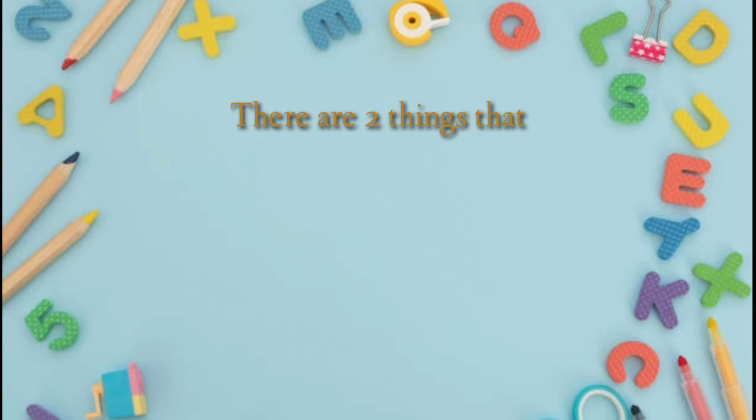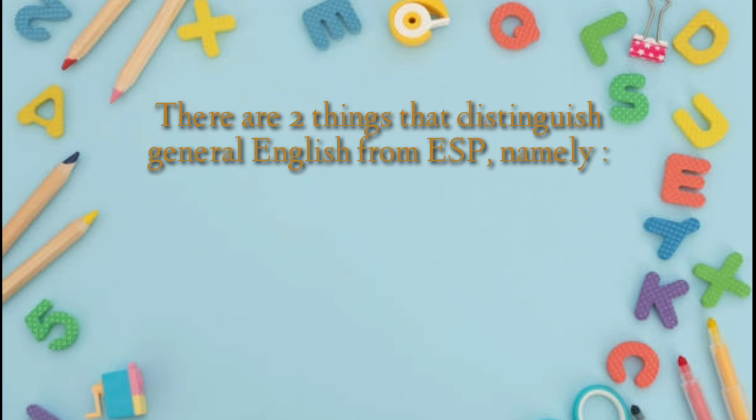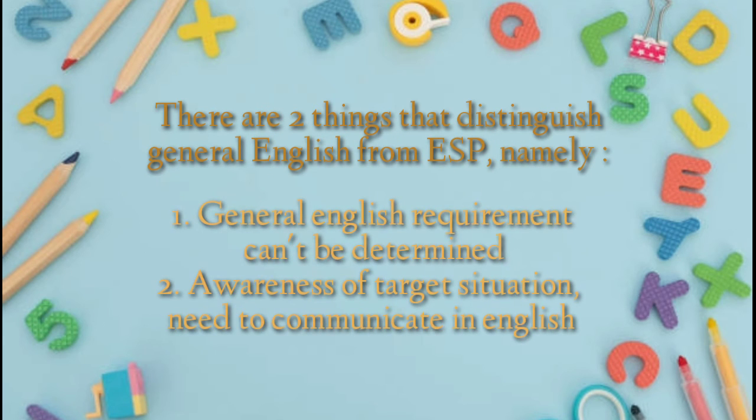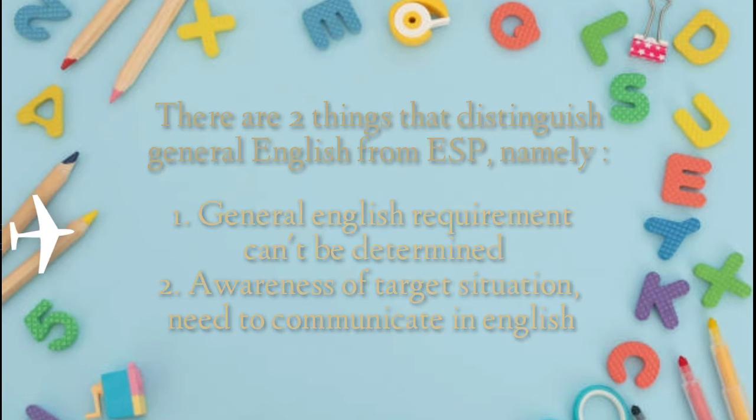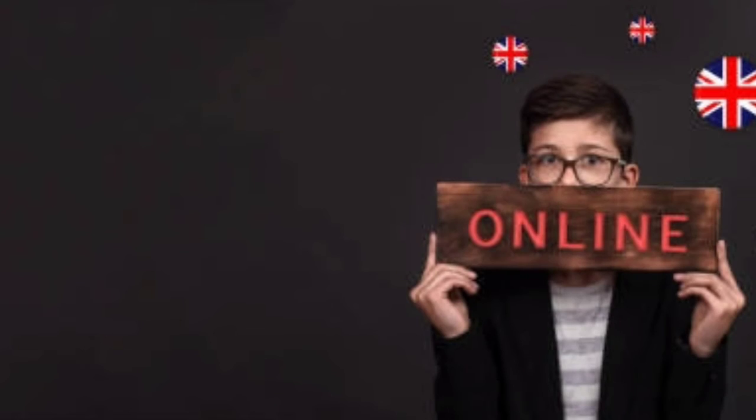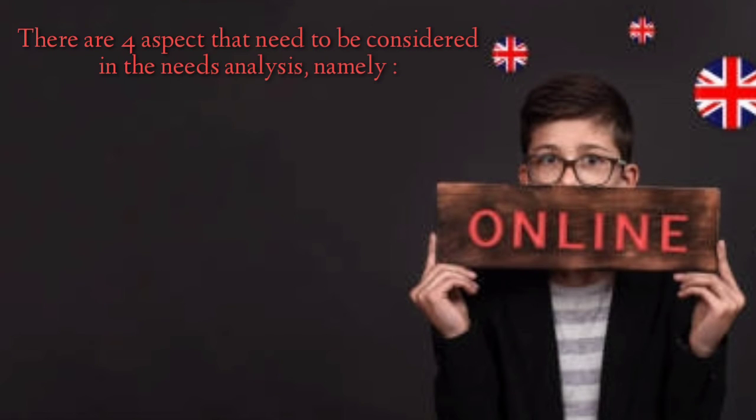There are two things that distinguish General English from ESP, namely, General English requirements cannot be determined, and awareness of target situations that need to be communicated in English. There are four aspects that need to be considered in the needs analysis.